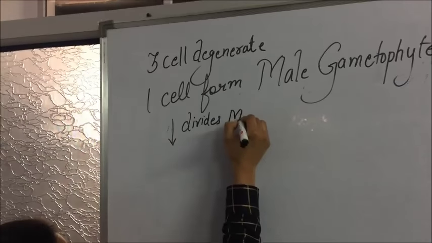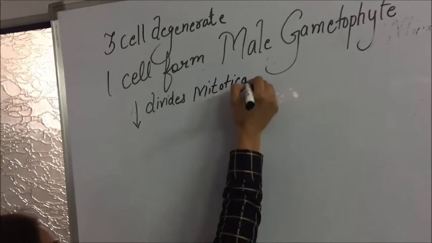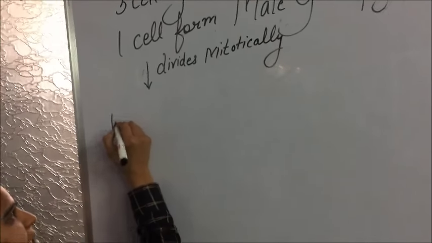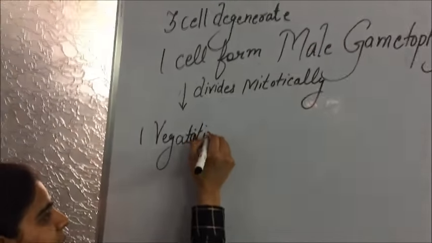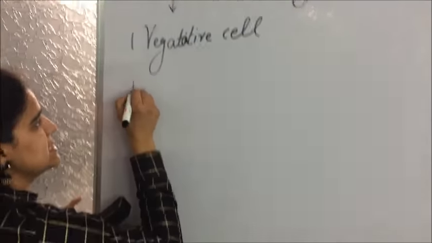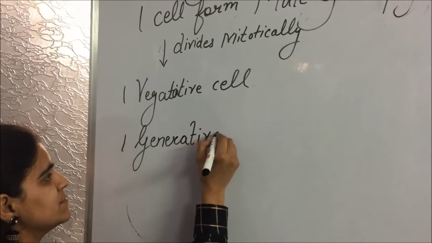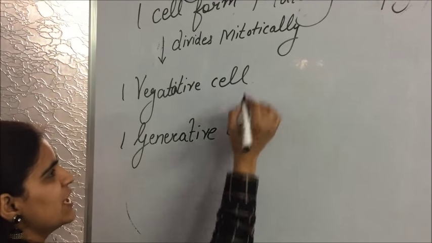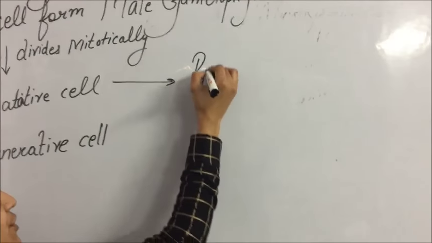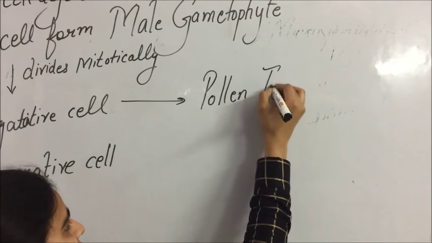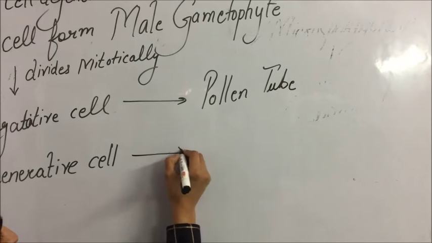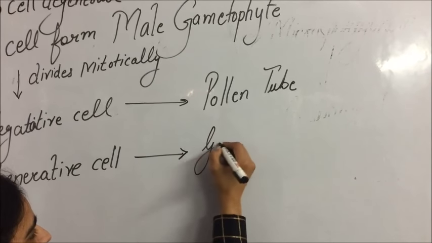One cell divides mitotically to form one vegetative cell and the other one is generative cell. The vegetative cell forms the pollen tube and the generative cell forms gametes.